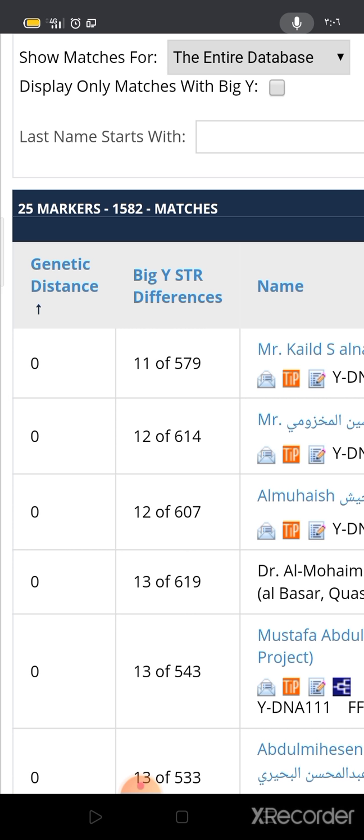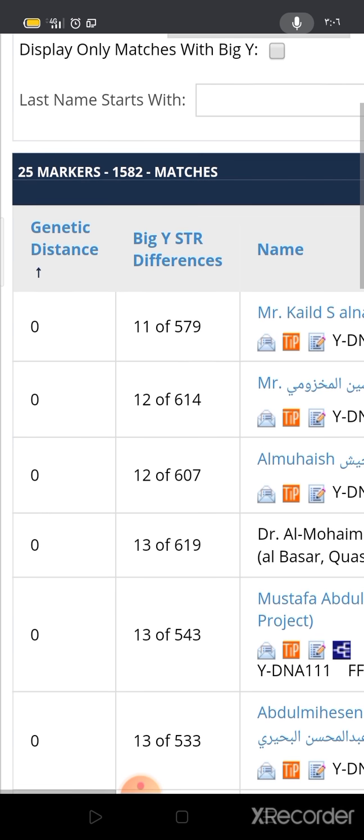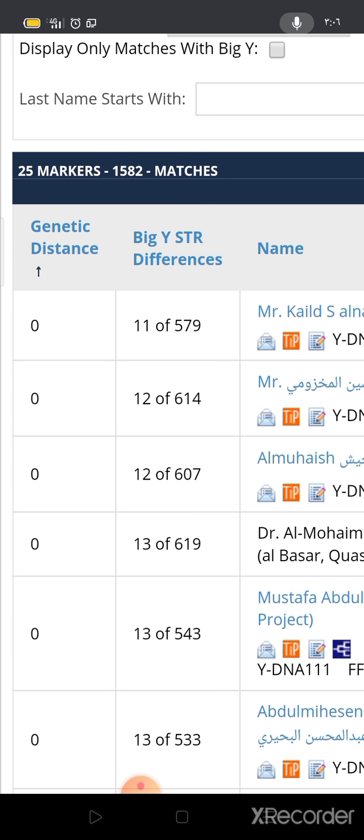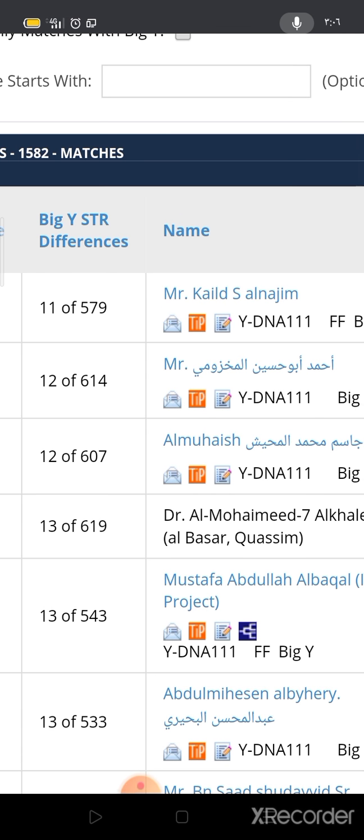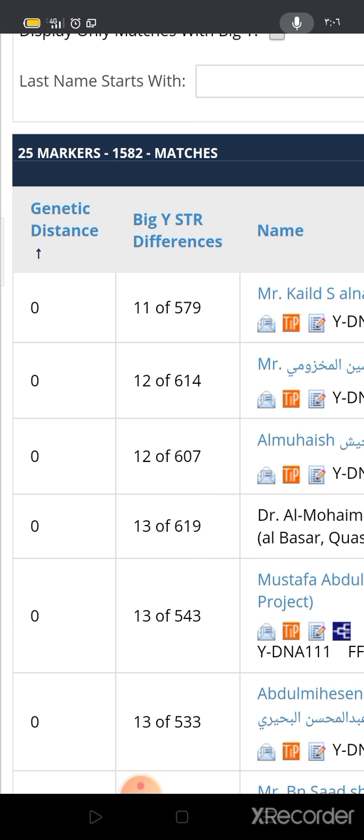Okay, and you see here that the Big Y STR difference is big, because the people who did the Big Y test, they test also for mutations, SNPs. Many of them are offered, and also many of the STRs. So the comparison of the markers will be better by the Big Y markers, because there are plenty of them. Here in the first line, we have a difference of 11 among 579 markers.